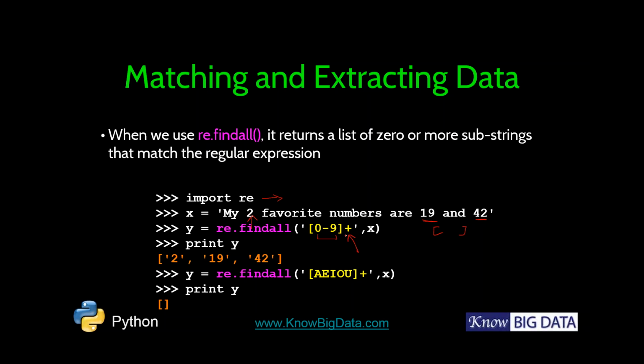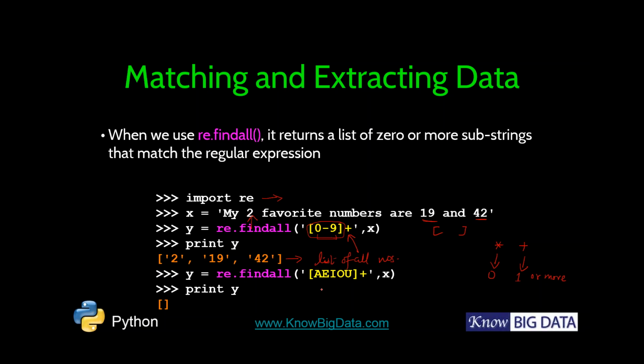Plus is for this match should occur at least once. Remember the difference between the star and plus: star is 0 or more, and plus is 1 or more. Hence the result of this findall is a list of all numbers.